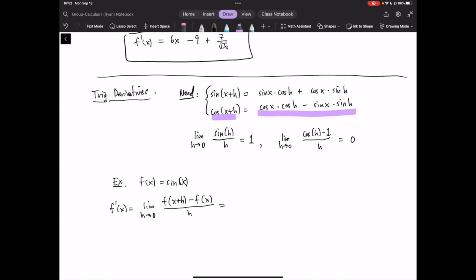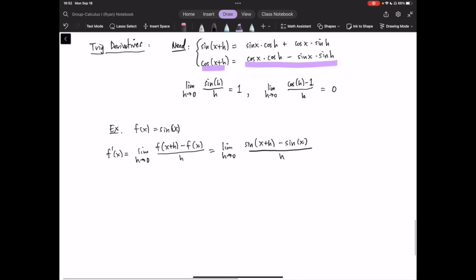We plug in the sine function, so this becomes the limit as h approaches 0. Now you see why we need that first sum or difference formula, because it's going to be sine of x plus h minus sine of x, and then this whole thing divided by h.